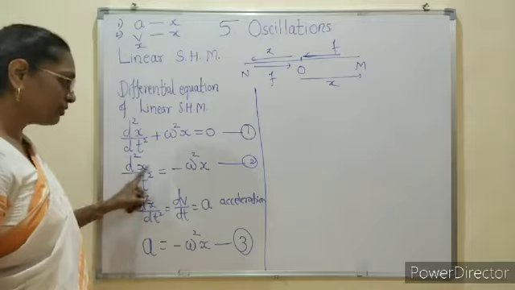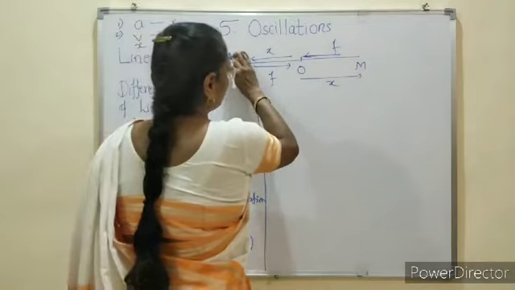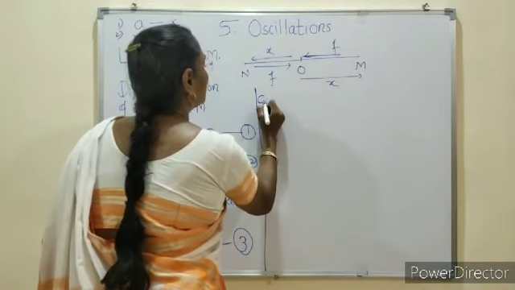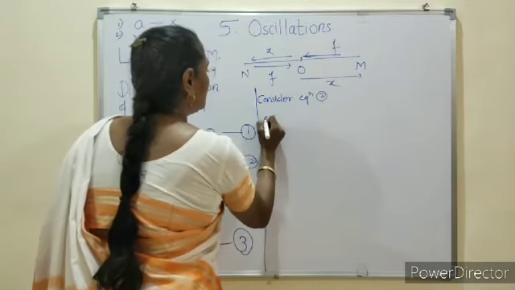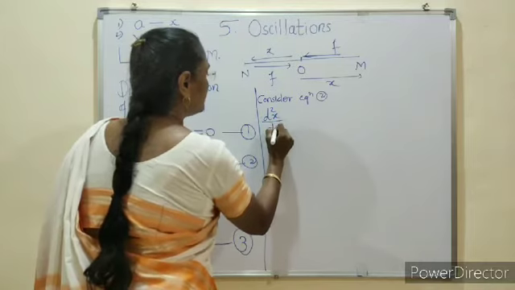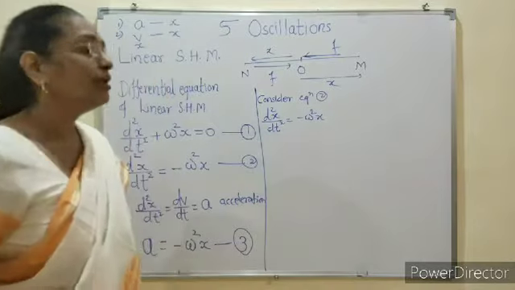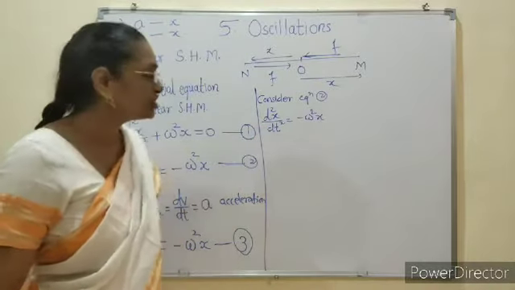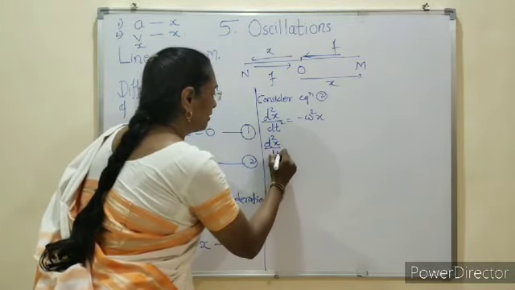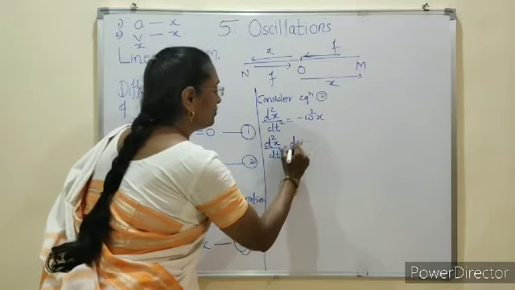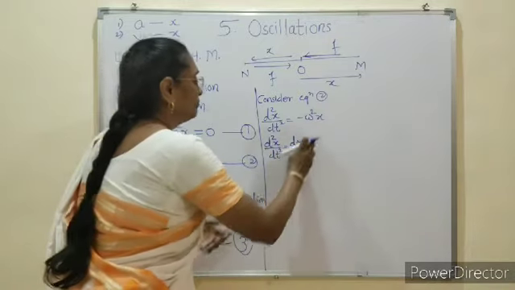Now we turn to the next derivation, that is velocity in terms of x. For that we start from equation number 2: d square x by dt square is equal to minus omega square x. Now we have to adjust this double derivative in this way. D square x by dt square can be written as dv by dt, because it is velocity here.